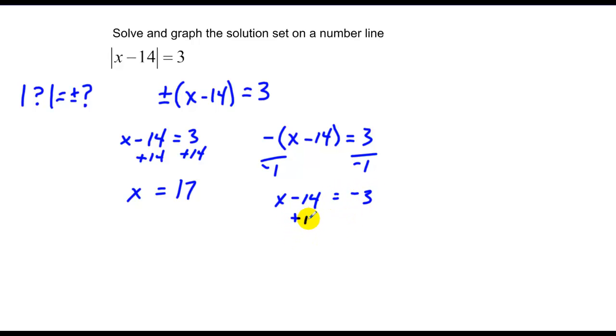Add 14 again to both sides, and I have 11. So when I go to answer this problem and put my values on a number line, I say at 11, I have one value, 17, I have another value.